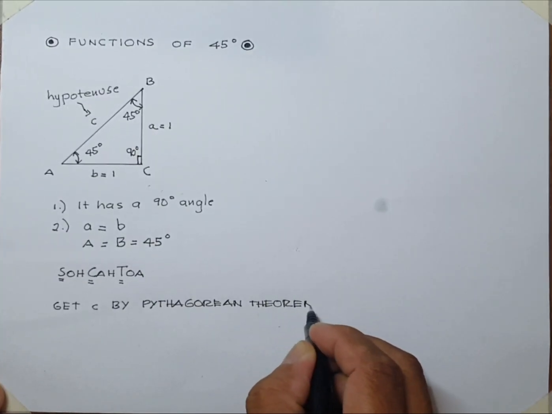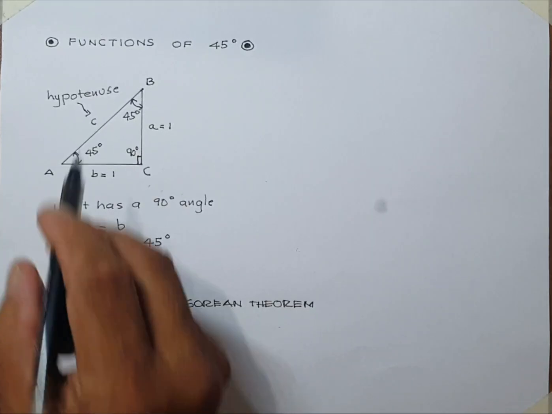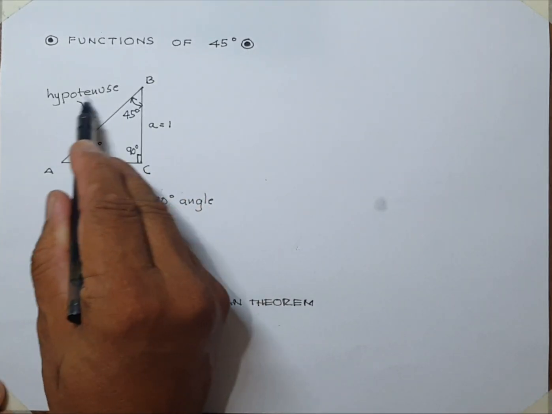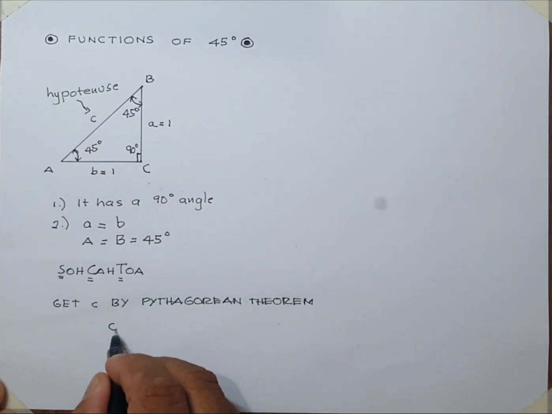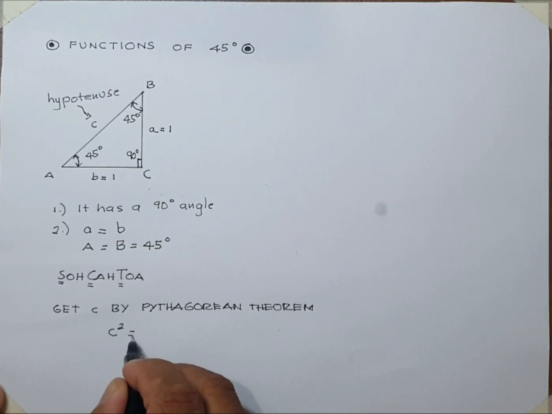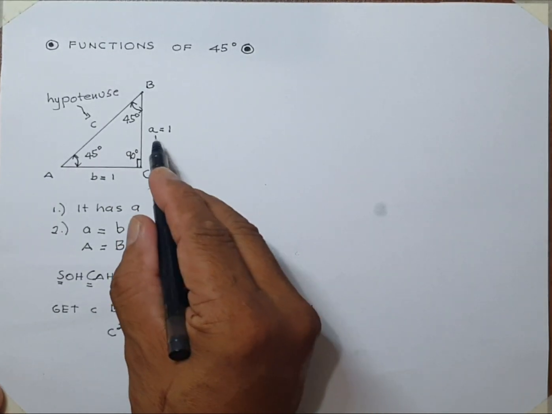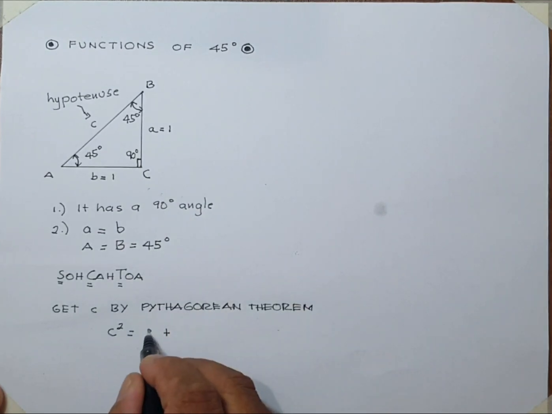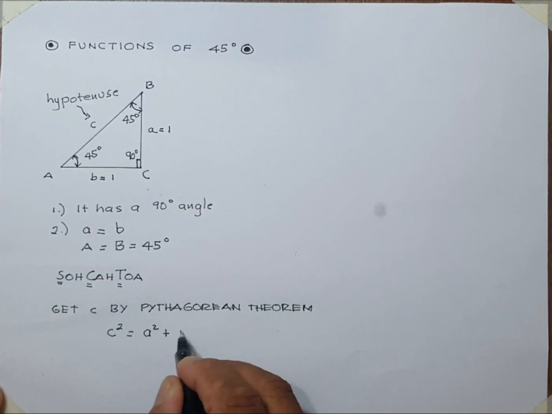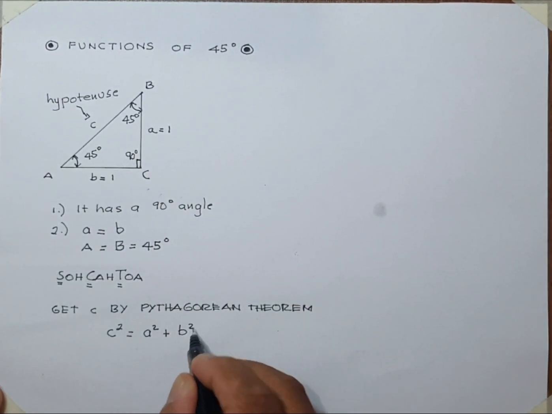And Pythagorean theorem states that the square of the hypotenuse, so C squared, is equal to the sum of the squares of the other sides. So A squared plus B squared.